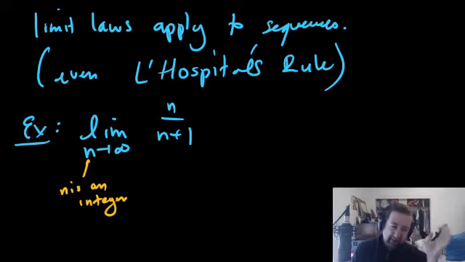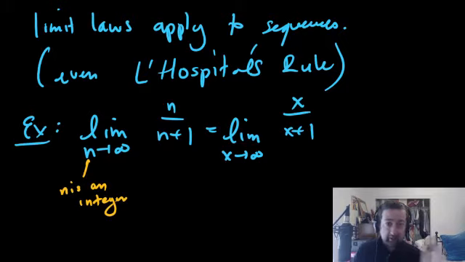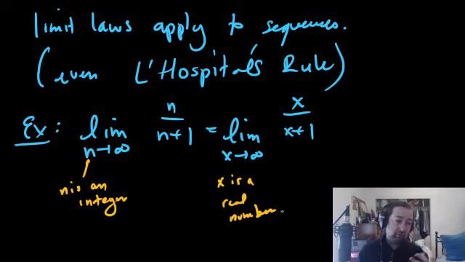So all of our fancy continuous function tricks don't really work until we notice that the book says it's totally okay to think about this: if this limit exists, it's the same as this limit. You don't actually have to make this step. I just think it's important for me to point it out, where now x is a real number.